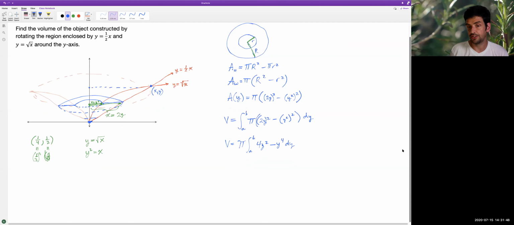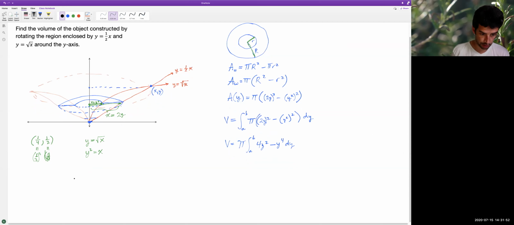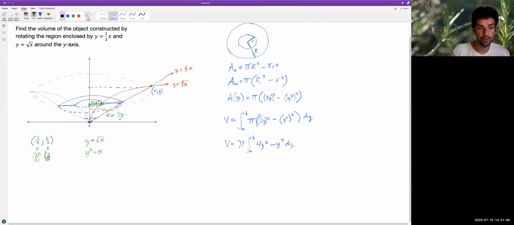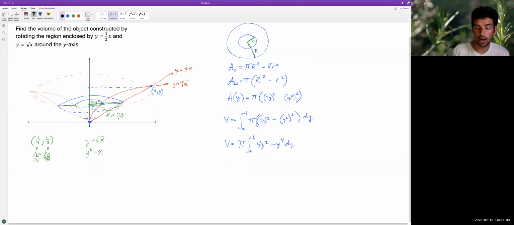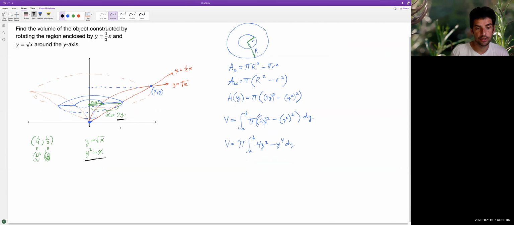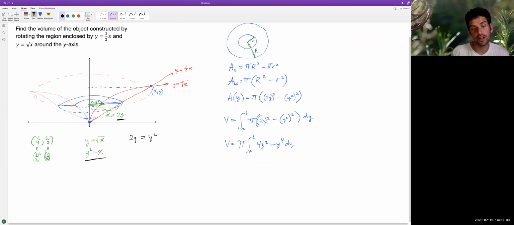So to find the intersection of these two curves, we can do it in terms of x or y. Let's do it in terms of y, since that's what we're looking for. We want to know where 2y is equal to y squared.